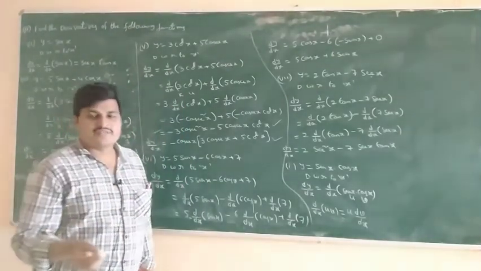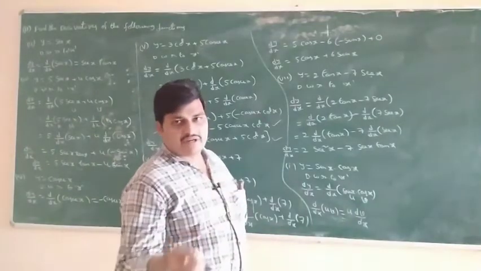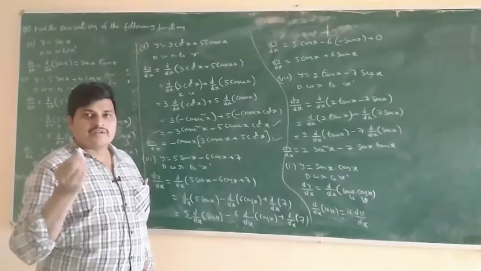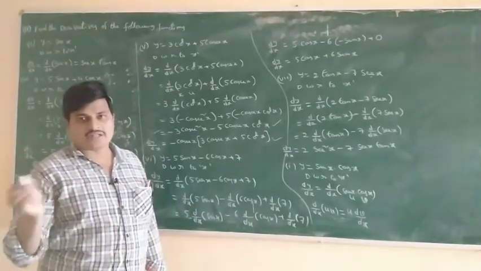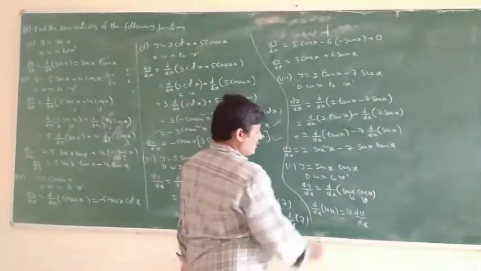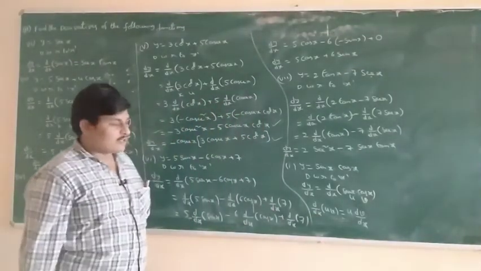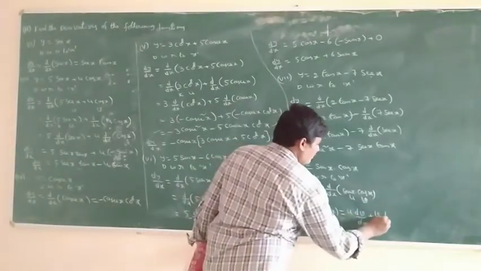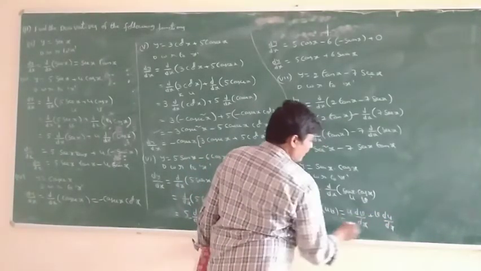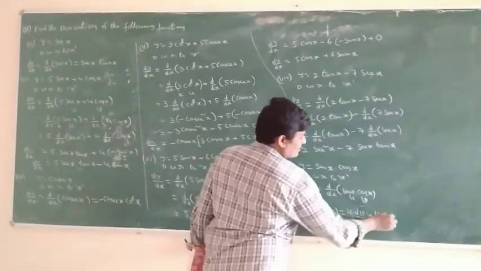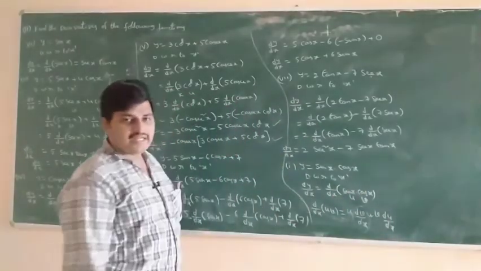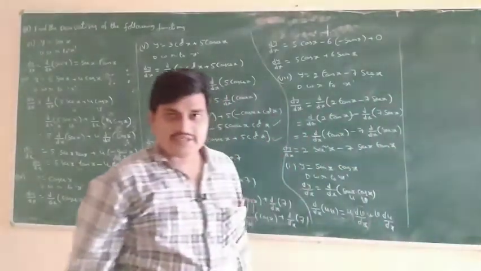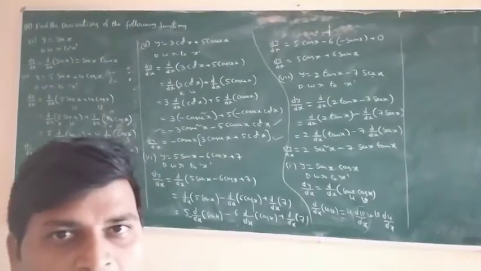Derivative of u minus v is equal to derivative of u minus derivative of v. Derivative of u into v is not equal to derivative of u into derivative of v, you cannot directly multiply. So a separate formula is there. What is the formula? u into dv by dx plus v into du by dx. First v derivative, next u derivative, alternately, plus sum. So this is the u into v formula.